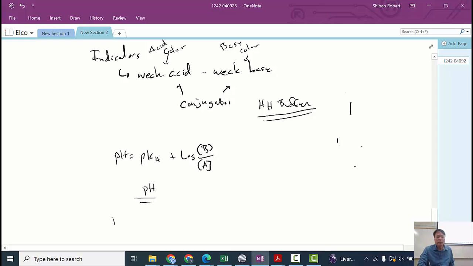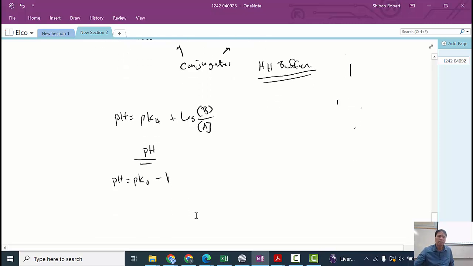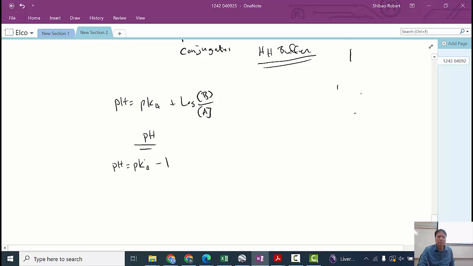We have pH equal to pKa minus 1. If pH is equal to pKa minus 1, that's pKa plus the log of a ratio of 1 to 10.